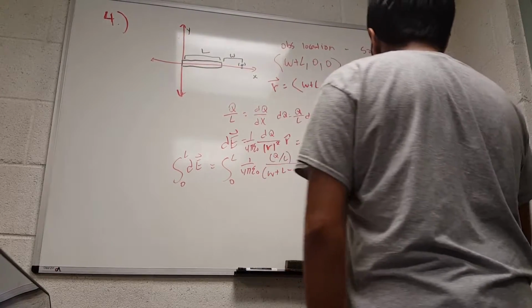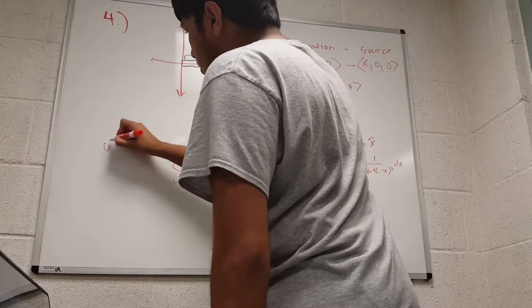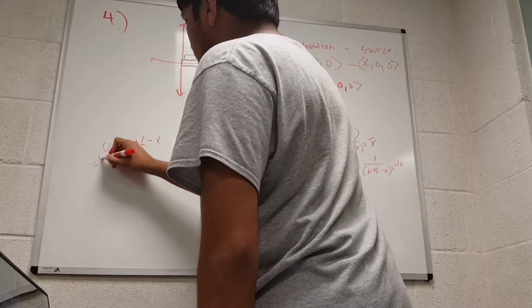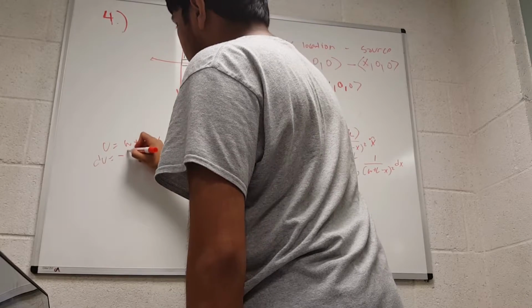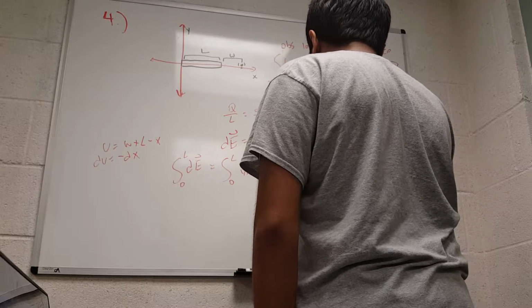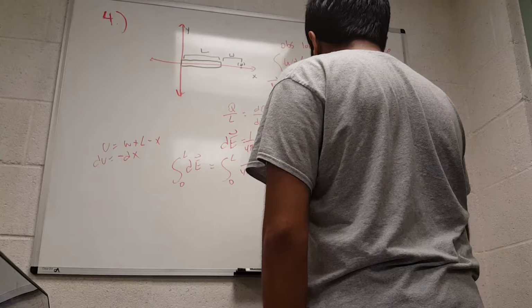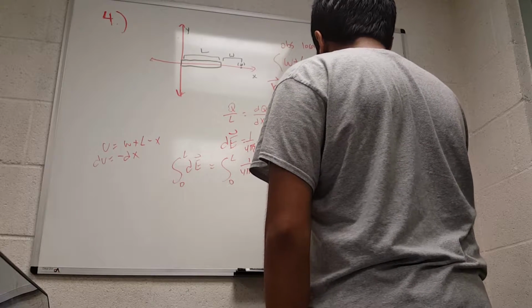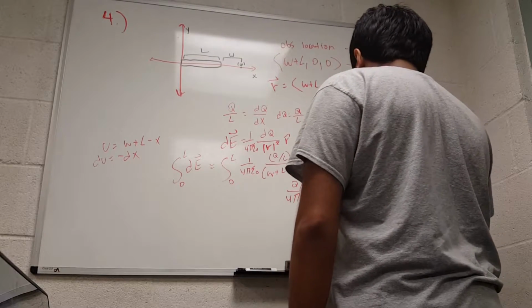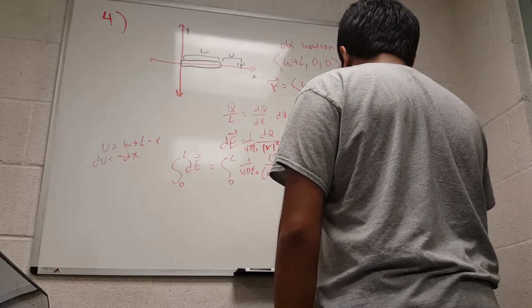And so if you solve this integral, you have to use a u substitution. If you use the u substitution, u is equal to W plus L minus x, then du is equal to negative dx. And you solve the integral, it simplifies to Q over L over 4 pi epsilon naught times the integral of 0 to L of u du over u squared.